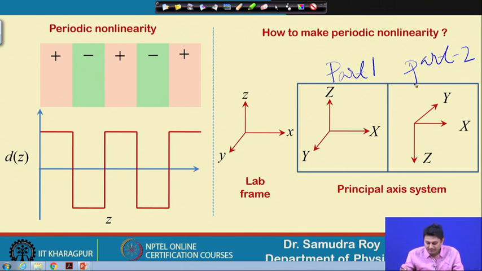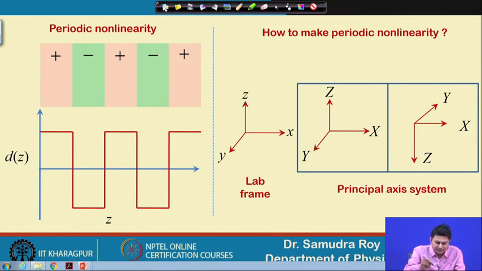So, Z goes to here, y goes to this point, and x remains the same because I am making a rotation around the x axis. So, now my principal axis is changed compared to my lab frame axis. Whatever D value we have under this rotated coordinate system should be different from the previous one.